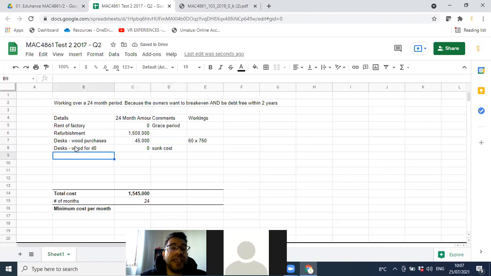Then we must not forget the opportunity costs. So we're going to say desks wood for 40. Here we're going to say it's an opportunity cost.